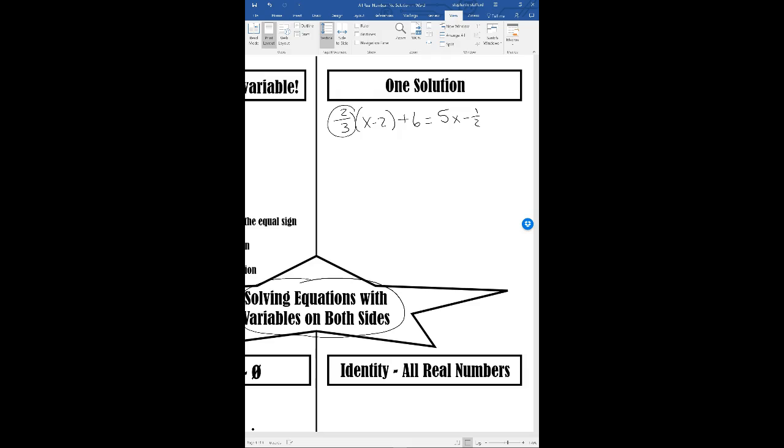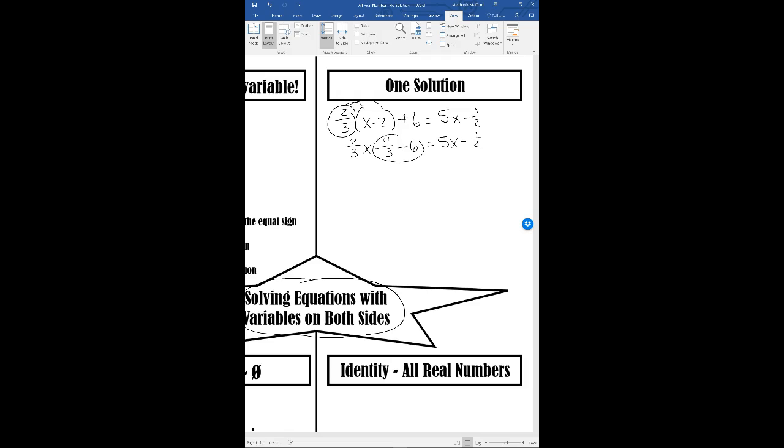We're going to distribute first because we have to simplify both sides. So that's 2/3 x minus 4/3 plus 6. I don't distribute the right side because it's not in the parentheses.